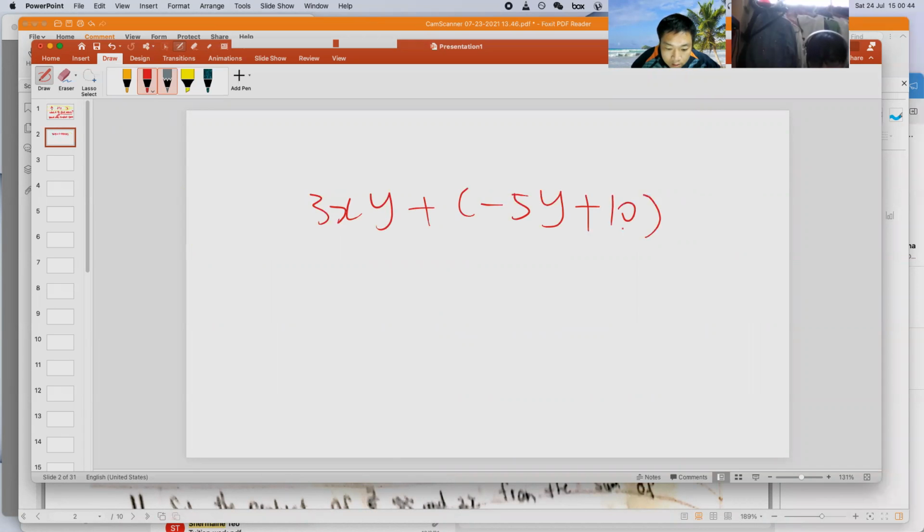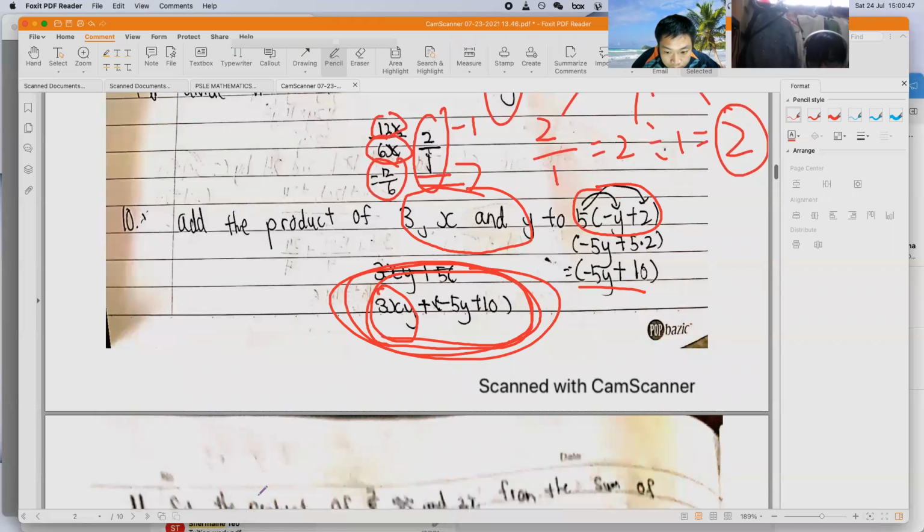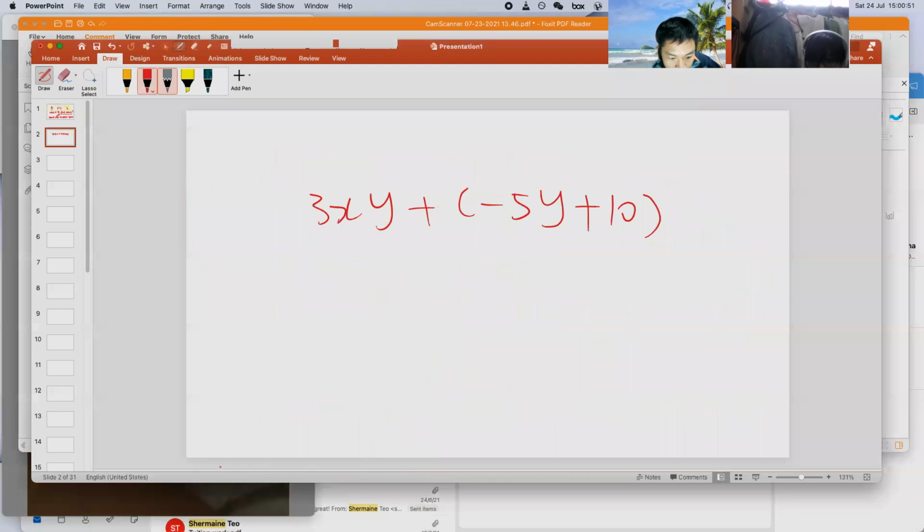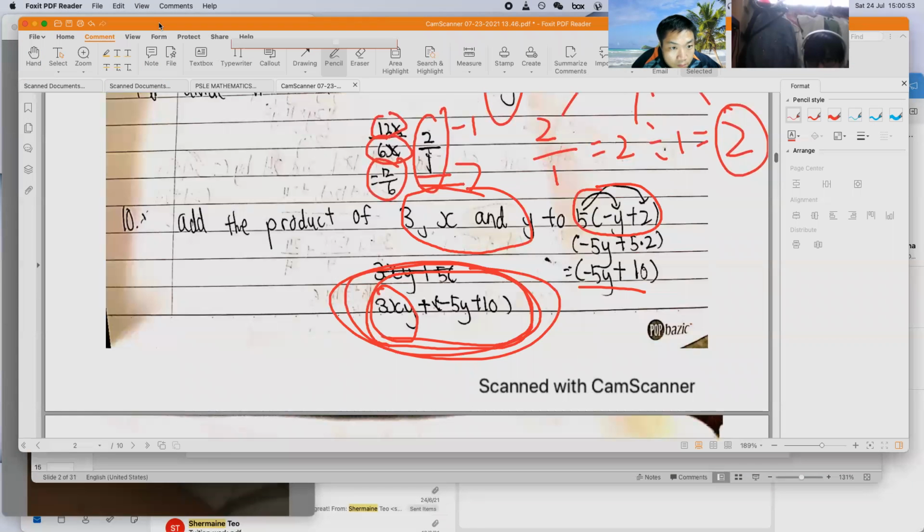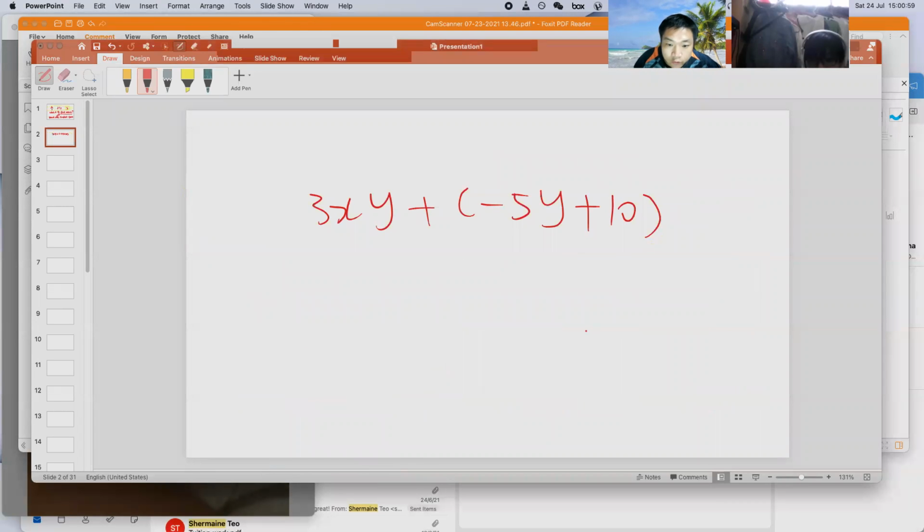Is this the final answer? Minus 5y plus 10. Do you think this is the simplest form? What do you think?